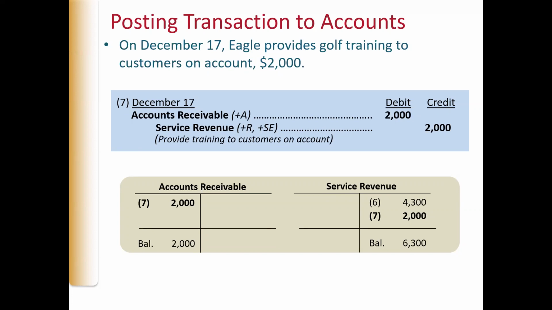Service revenue, which is a revenue account ultimately affecting stockholders' equity, increased 2,000. We credited it. In this particular transaction, the debits equal the credits.